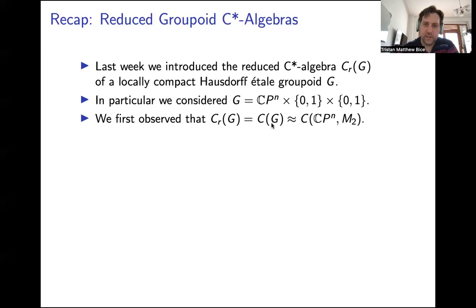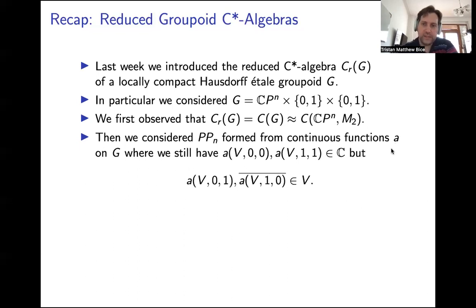But in this case, G is compact, so all continuous functions are already bounded and compactly supported, and you don't need to do any kind of completion. We observed that this is really just another form of the C-star algebra you get by looking at 2 by 2 matrix valued functions on complex projective space of dimension n. And that was relatively easy.